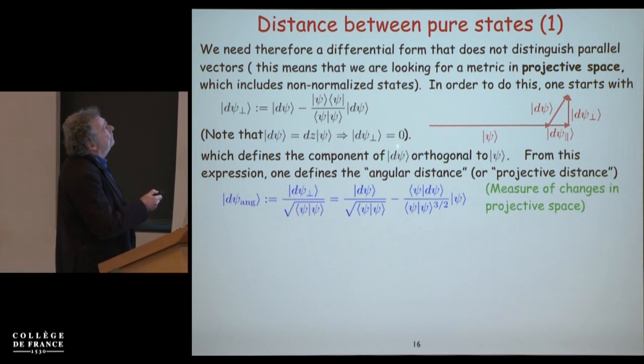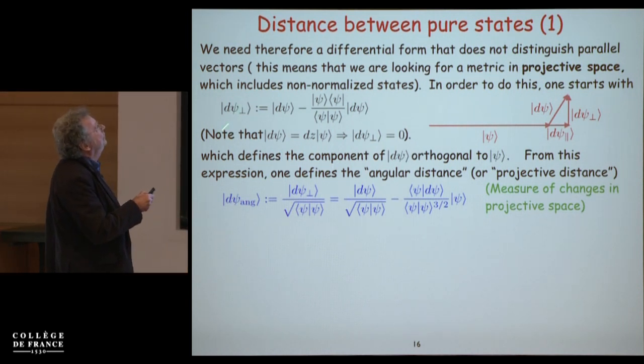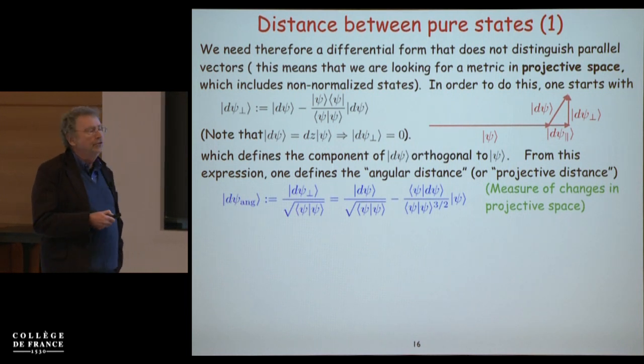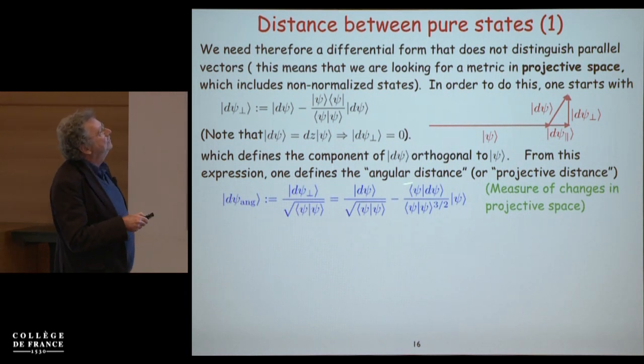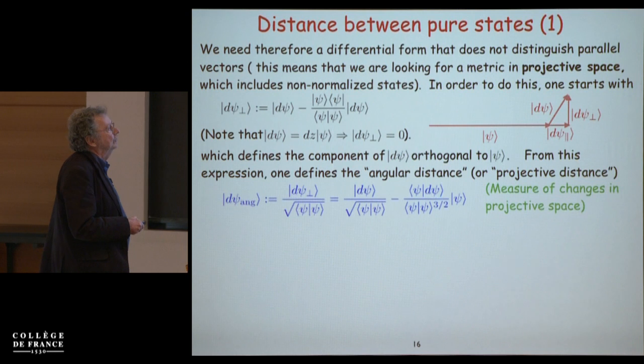Now, we would like to have something more. We'd like this distance here to be invariant under this multiplication. Okay? So we define now what is called an angular distance or projective distance, which is just this divided by the norm of psi. So it's given by this expression here.